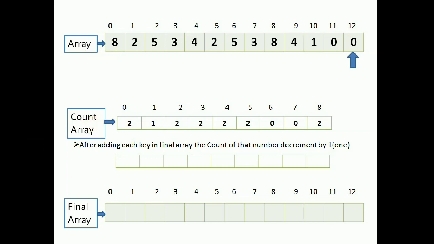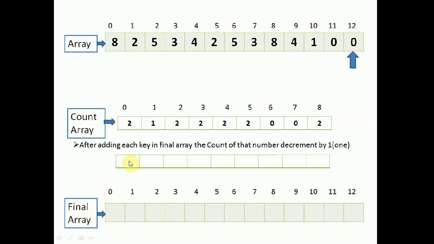If you want, go back to the slide and see once again what the count array is: how many times each element is repeated in the list. Now this is the final array. Before sorting this is the array; after sorting the result will be stored in the final array.